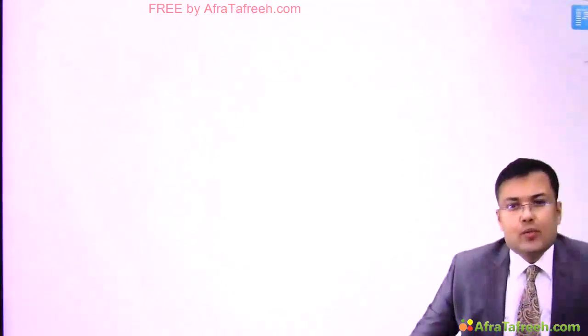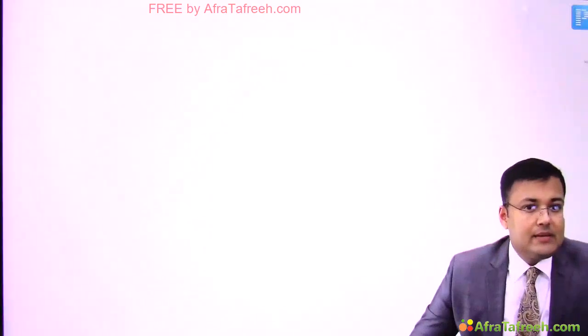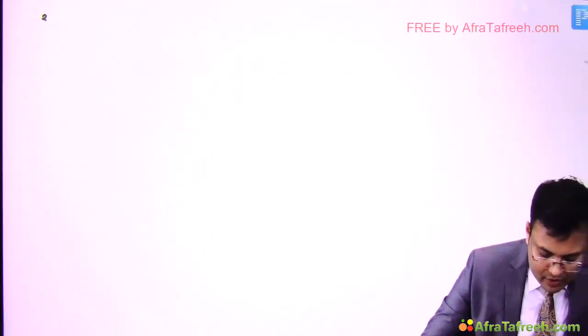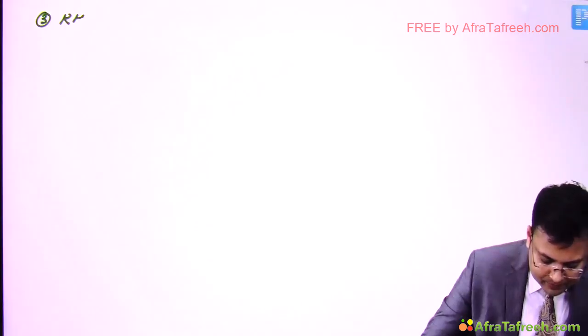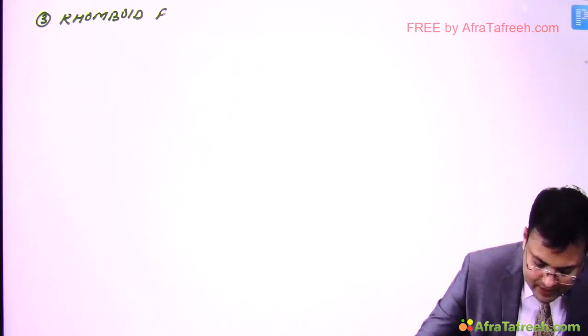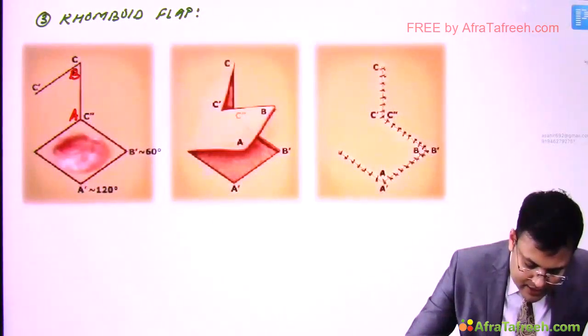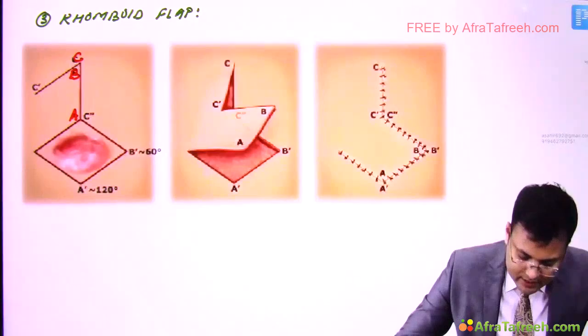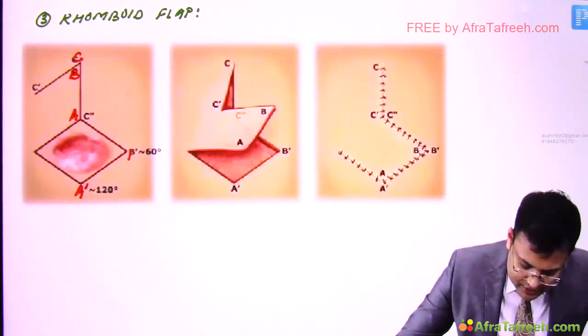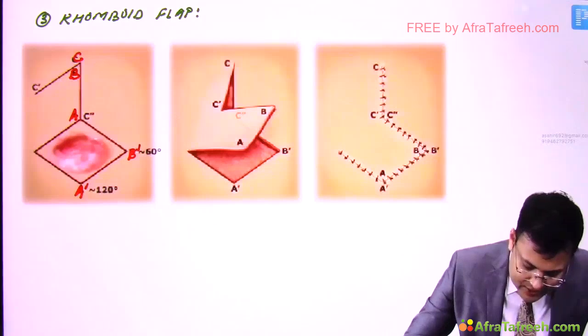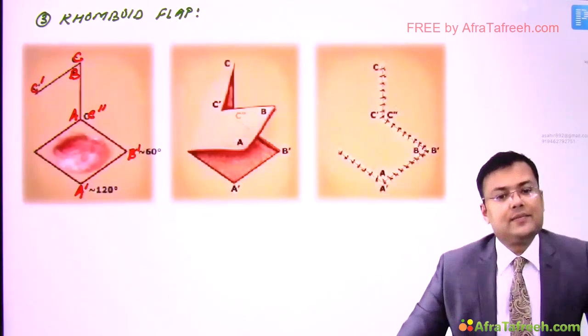Now the third is rhomboid flap, and this was asked many times in AIIMS and NEET. What we do in rhomboid flap and what are the uses. So here you can see, this is A, this is B, and this is C. This is A dash, this is B dash, this is C dash, and this is C double dash.